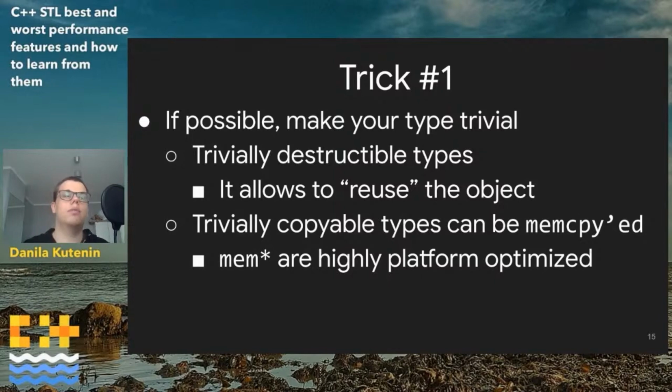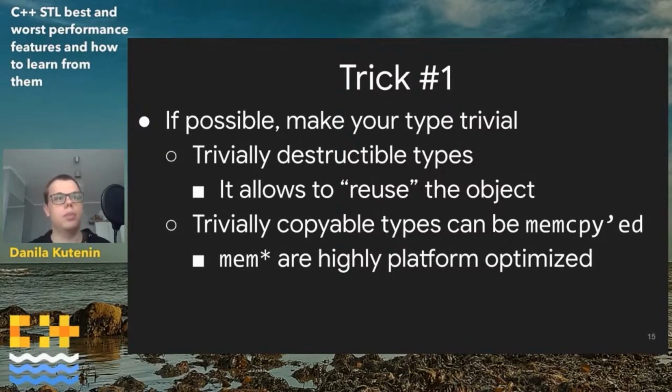What it means is that trivially destructible types, in some architectures, allow you to reuse the object. If you stored some trivial type in a register, you can reassign or reuse this register for other types, or move this register around. Trivially copyable types are also one thing for the compilers to optimize.